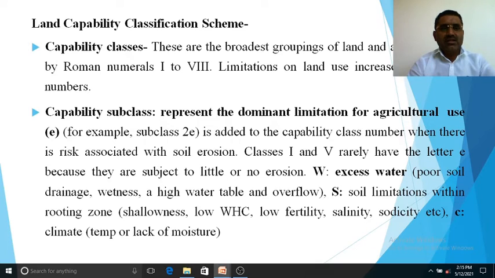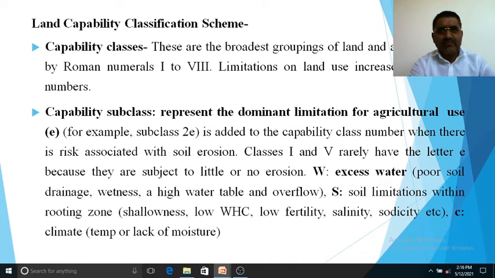So the letter E is nothing but the subclass. Classes 1 and 5 rarely have the letter E because they are subject to little or no erosion. As I already stated, from class 1 to class 8 the limitations to use the land increase as the number increases. And so classes 1 and 5 do not have the letter E because there is no erosion.